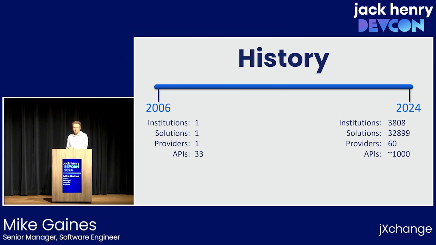Almost 33,000 solutions. That is just a phenomenal growth. There's so many integrated products that exist out there today. And 60 providers. And what's unique about that provider stat is not all of those are Jack Henry products. We do integrate out with other third parties. We have, I think, almost 10, and we are adding more. And roughly 1,000 APIs. That's incredible.